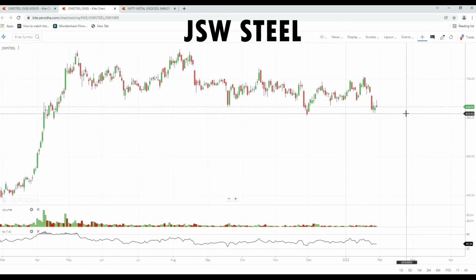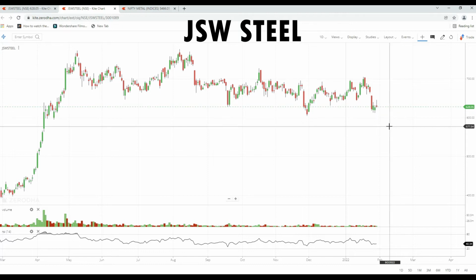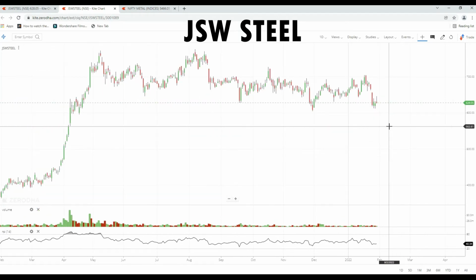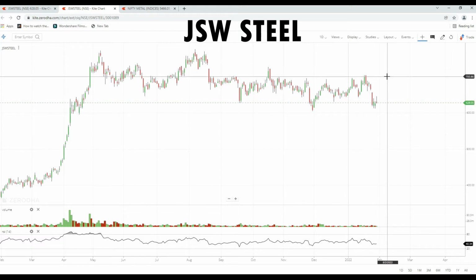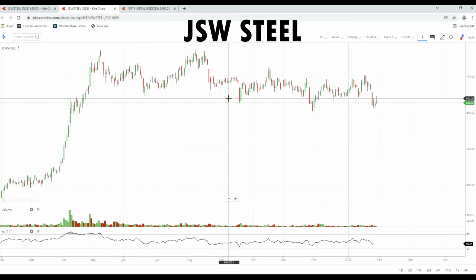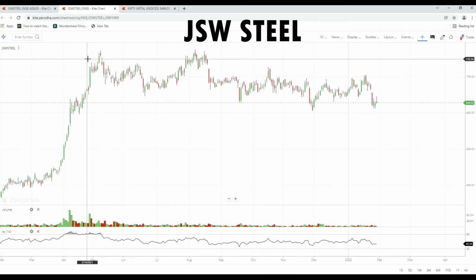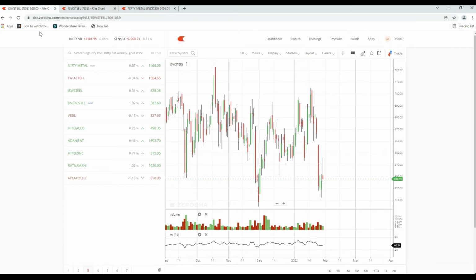As the whole sector is in consolidation, so are the stocks. If it breaks the 600 level, there might be some changes in the chart. Above 700 it is safe to play in this stock. Till then you can just keep it in the watch list. If it breaks above 700, it can give you good returns.